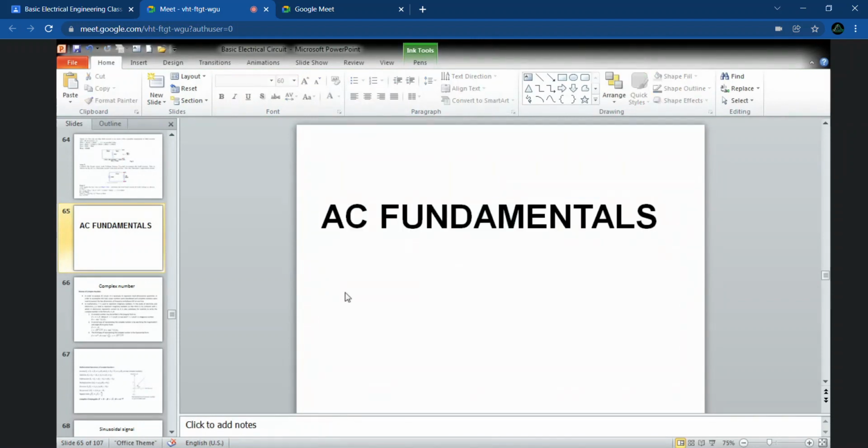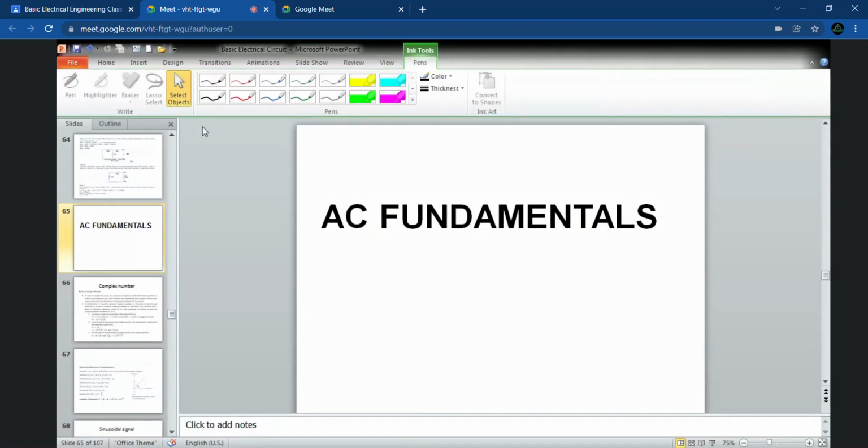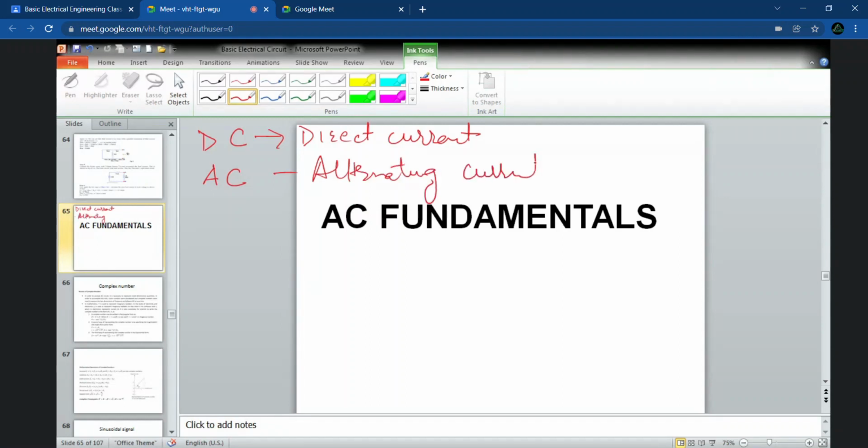Then we'll next start with the AC fundamentals. Now all of you are familiar with the difference. We had discussed in one of our classes what the difference is between DC and AC. Do you know the difference between the two? Yes, ma'am.